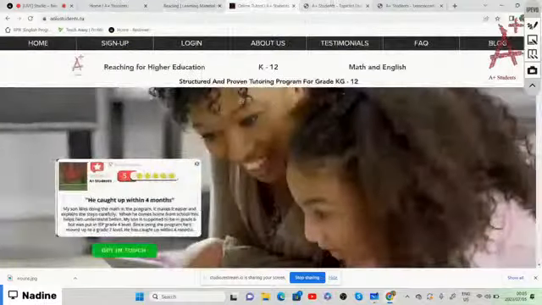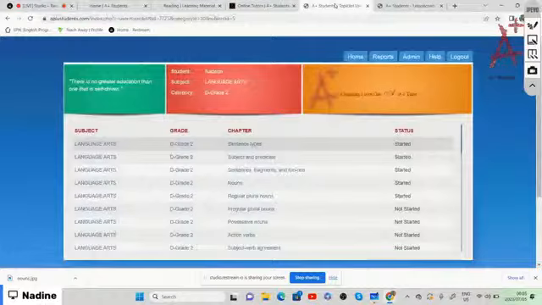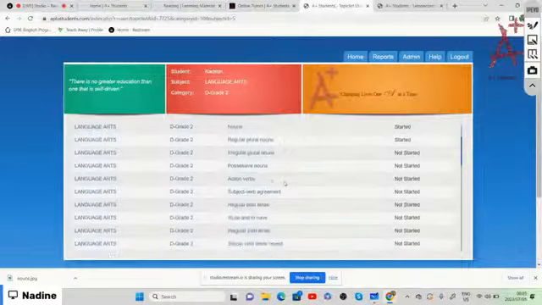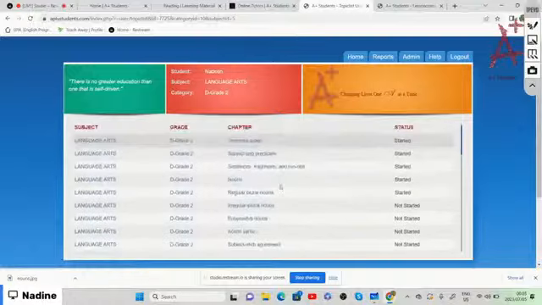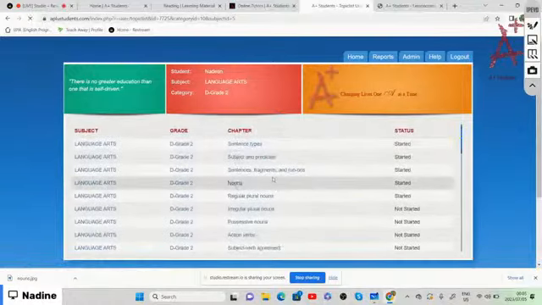All right, so once you have selected the subject of language arts and grade 2, because that is the grade that we're doing, you're then going to scroll down to the chapter of nouns. So click on nouns.